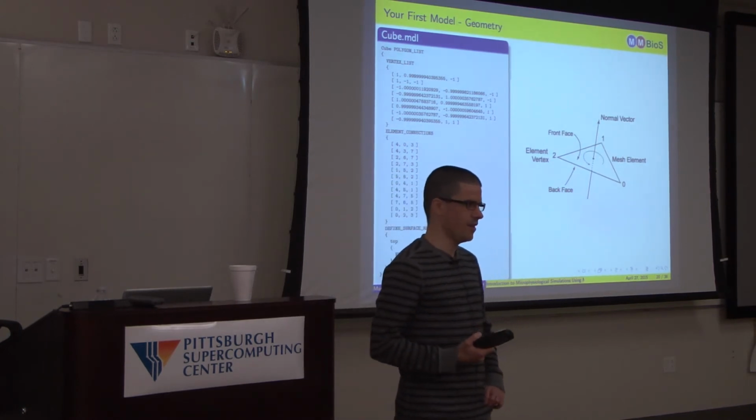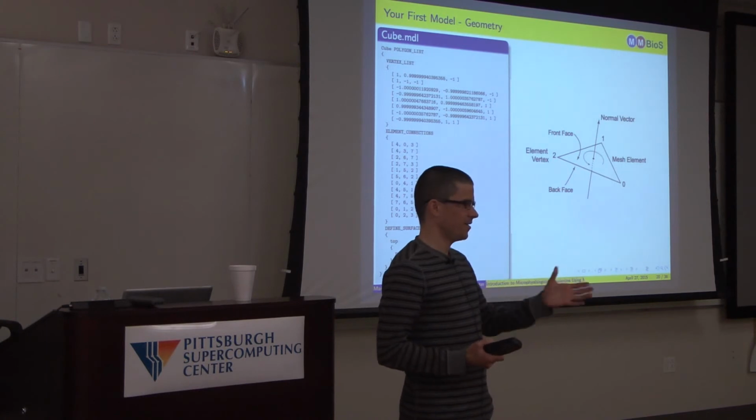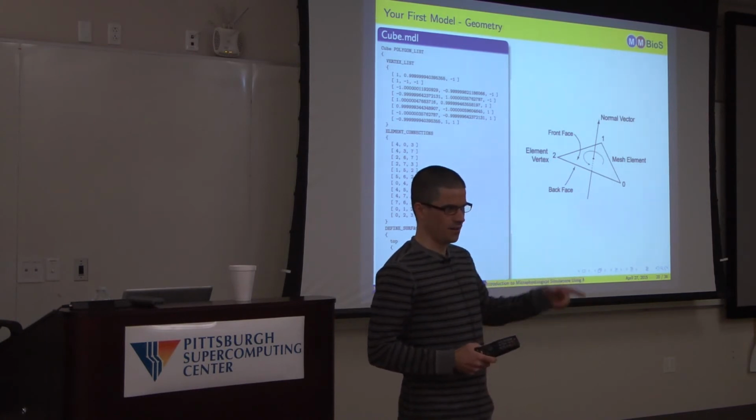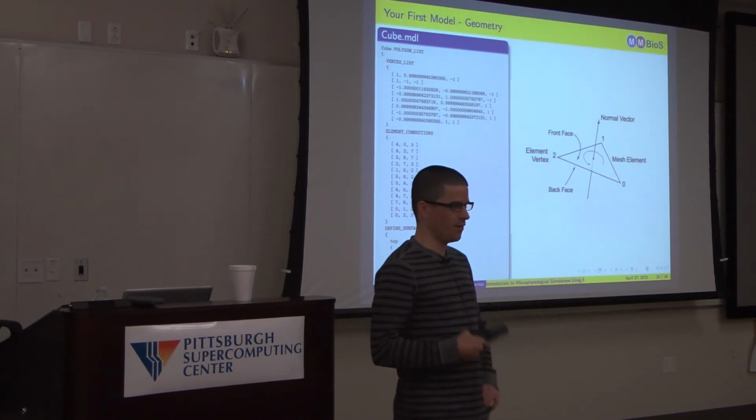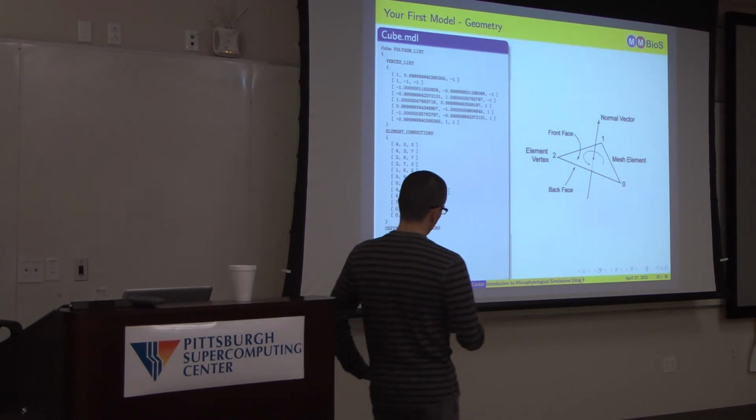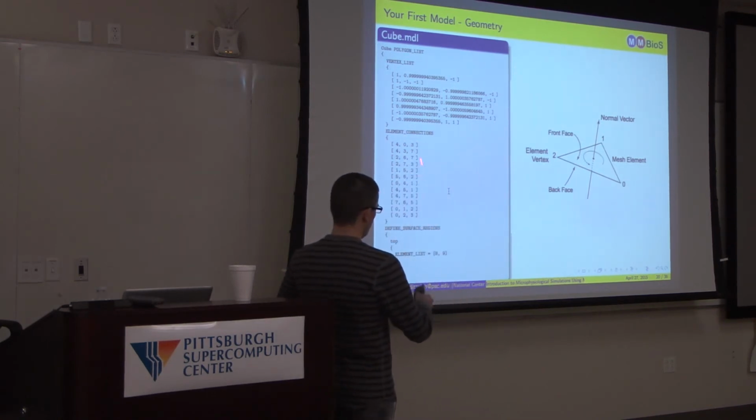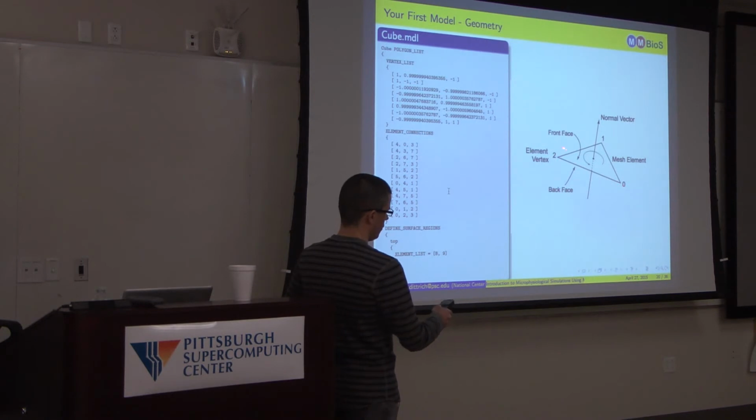We have 6 faces, and each face is divided into triangles, so we have 12 triangles. These are the 12 triangles that each describe a triangle of this form. So vertices 0, 1, 2 define a triangle.